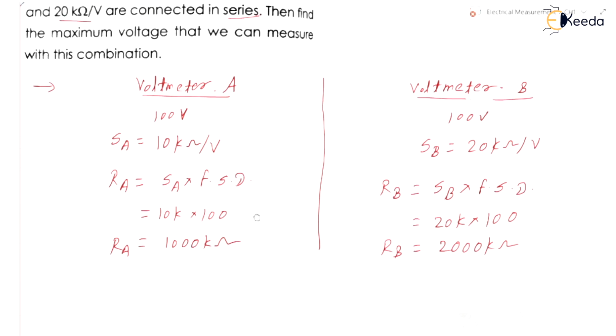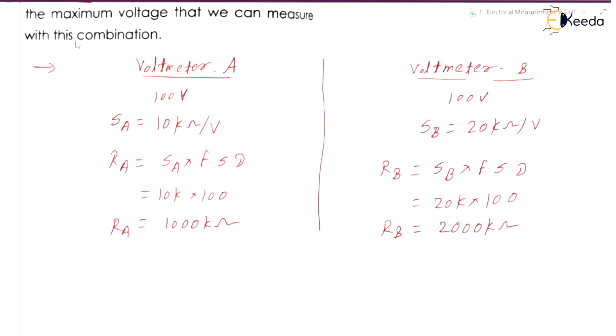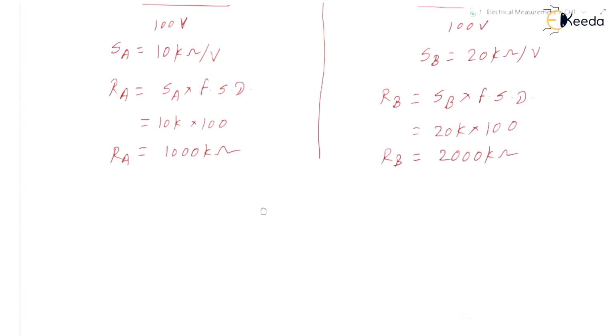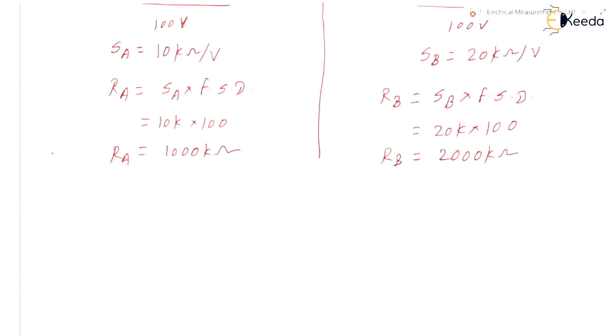Next, can we find the full scale deflection current of the voltmeter A and the voltmeter B? Yes, so we can find the maximum current, or the full scale deflection current. Full scale deflection corresponding voltage is 100 volt.